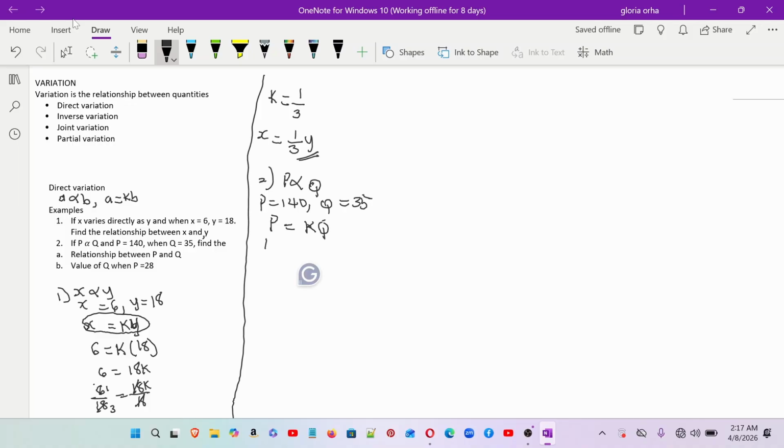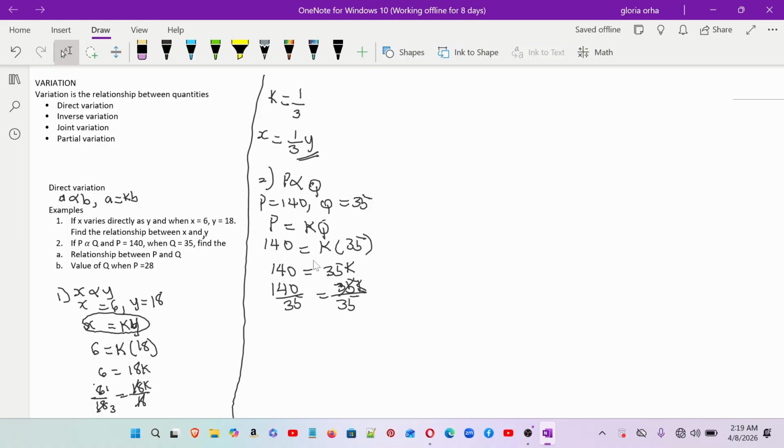Our P is 140 equal to K, which is a constant, times 35. So 140 is equal to 35k. So divide both sides by 35 to look for our k. So it will now be 140 divided by 35 equal to 35k divided by 35.